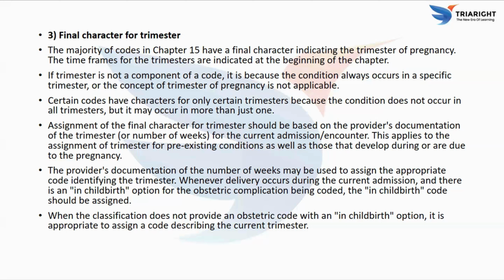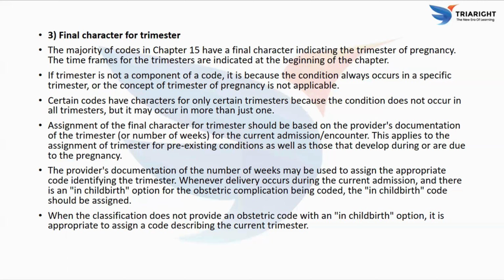The fourth rule is that the trimester must be based upon the doctor's documentation. The coder should use the provider's notes stating weeks or trimester for the current visit, not previous records. So even if the condition existed before pregnancy, like diabetes, the trimester is based upon the current pregnancy weeks only.